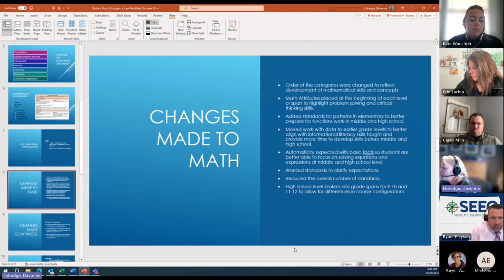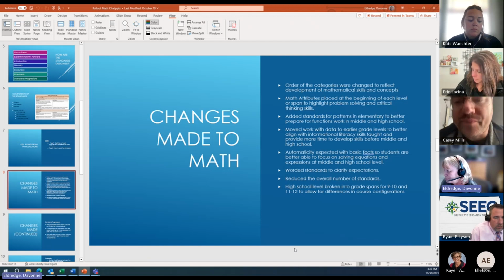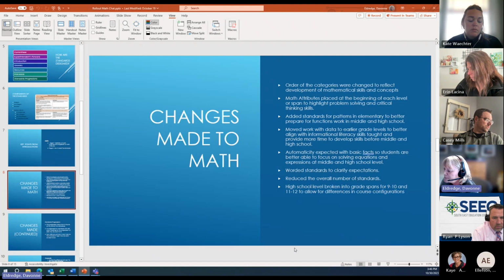The high school level was broken into grade spans for grades 9, 10, and 11, 12. In the previous standards, grades 9 through 12 were all together. And at one point, they had thought about dividing the standards into Algebra 1, Algebra 2, Geometry, and then a Course 4, which would allow for the advanced concepts. But as we took a look at the course codes that we had, we found that there are some differences in course configurations throughout the state.